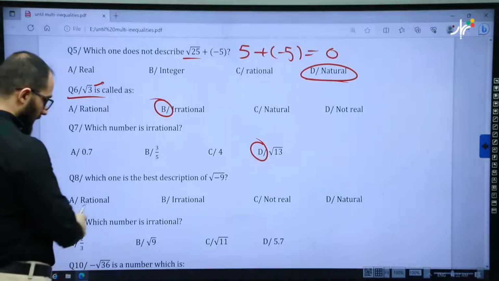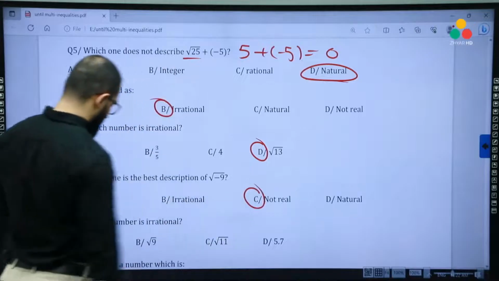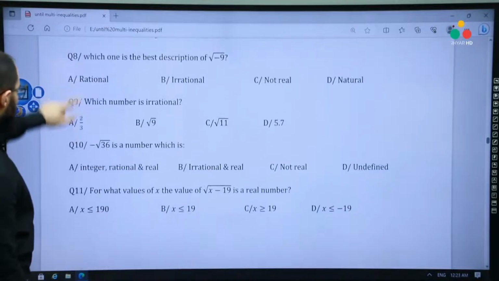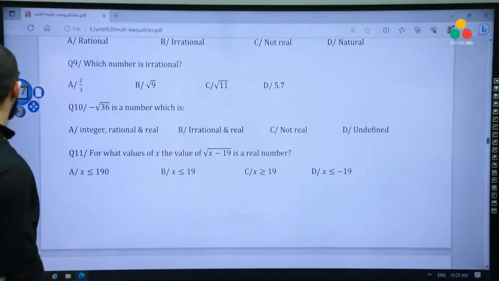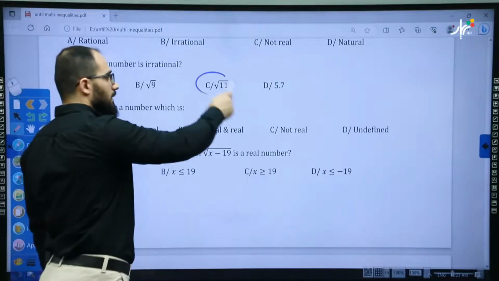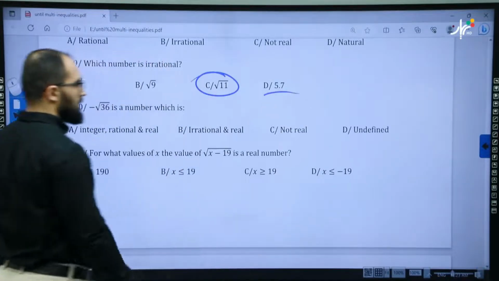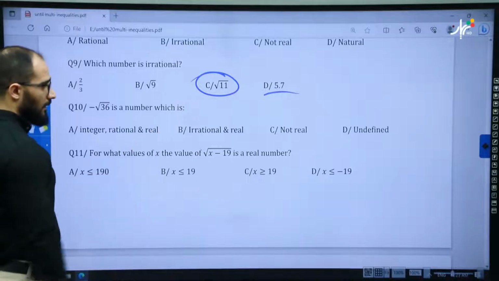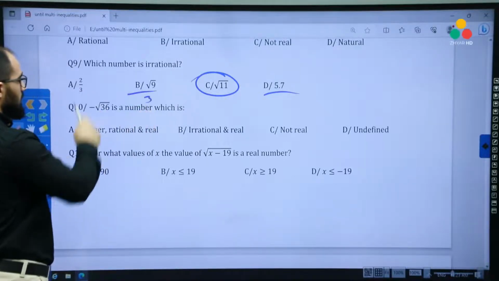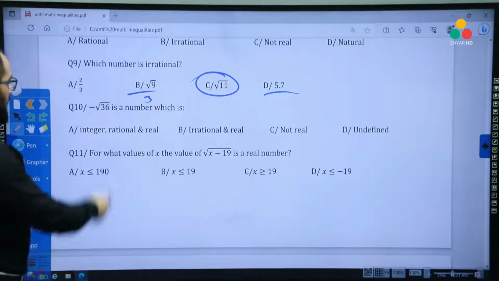It is not real. And question 9, which number is irrational? Again, it is 11, because this one's decimal number is a rational number. This one's going to be 3, and this is rational.